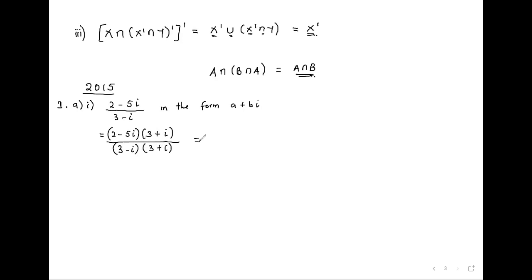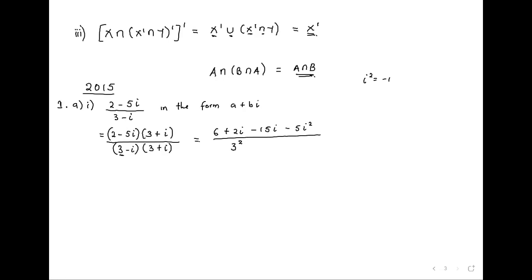This becomes 3 by 2, we get 6, plus 2i minus 15i, and then i times i, as we agreed, i squared is equal to -1. So if you want, you can write -5i squared, and then the denominator 3 squared.